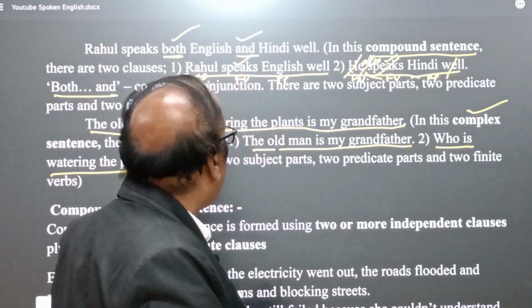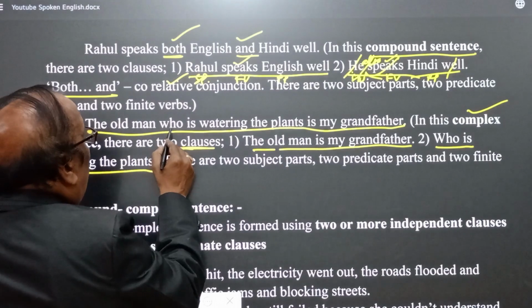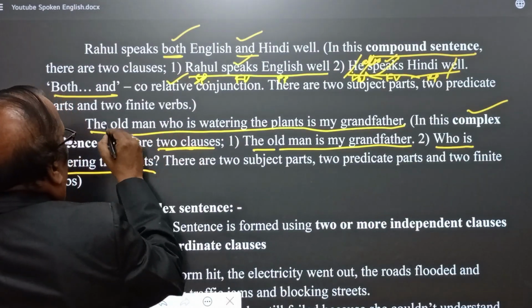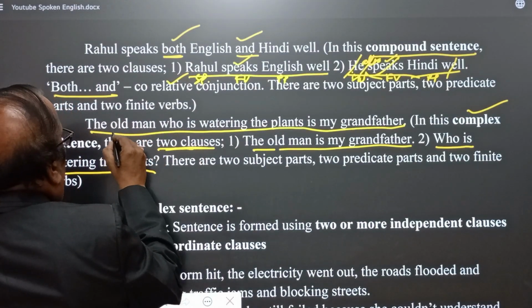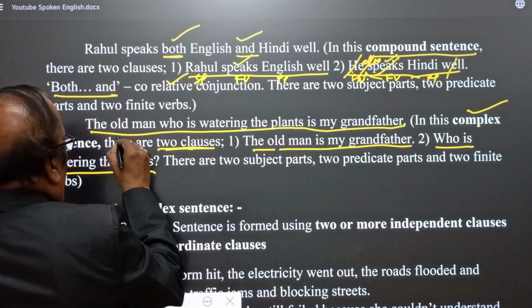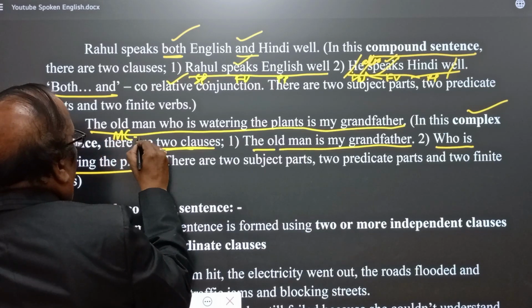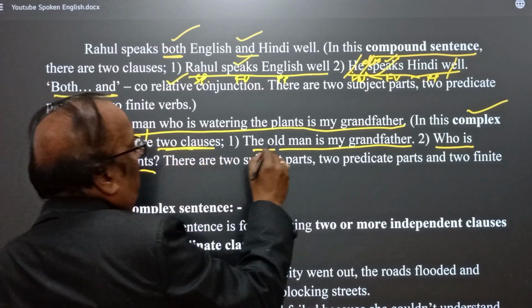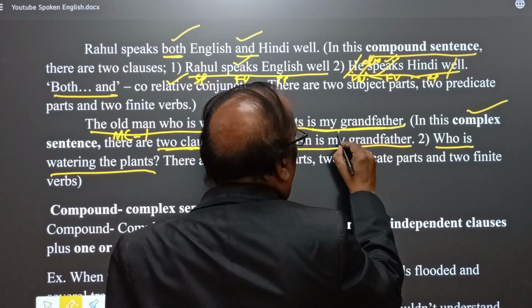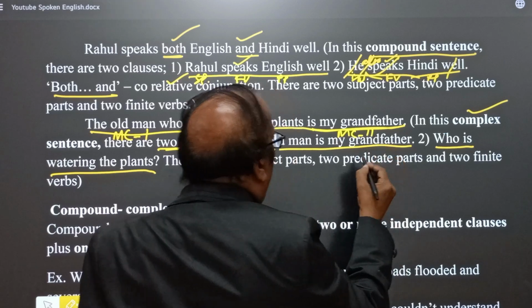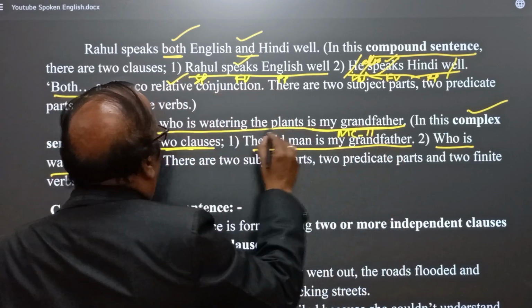But if we connect it, the man is the subject, this is what you call main clause part 1, and is my grandfather is main clause part 2. The man is my grandfather.